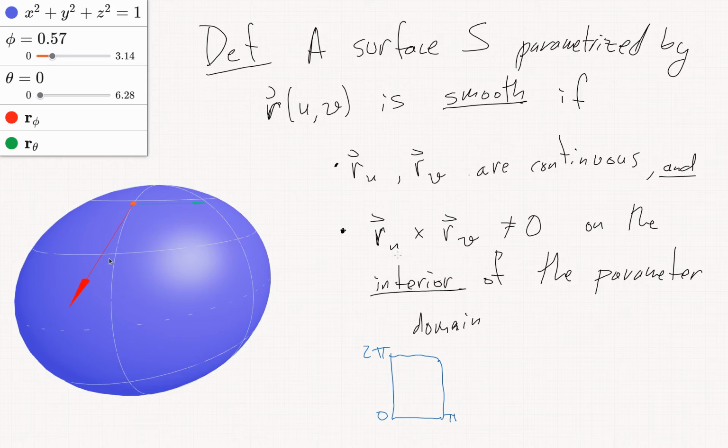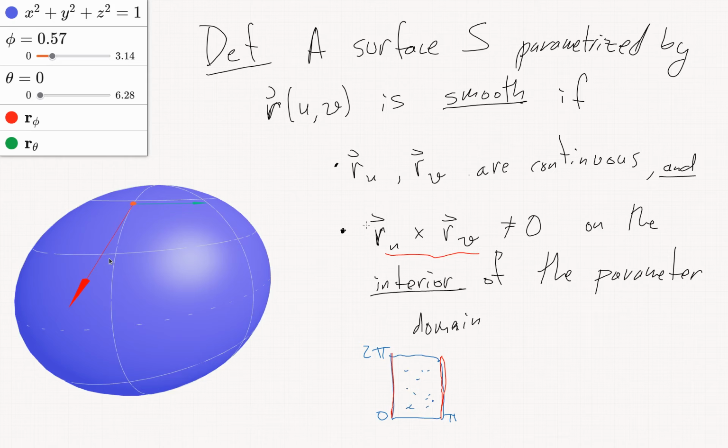And this is 0 when we're on these boundary parts, but that's allowed. It's just in the interior that this has to never be 0.